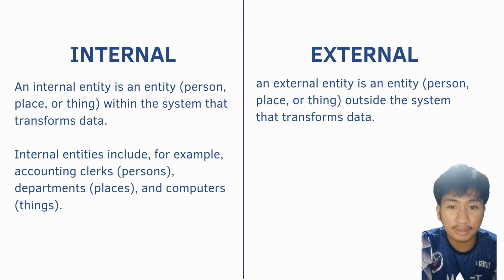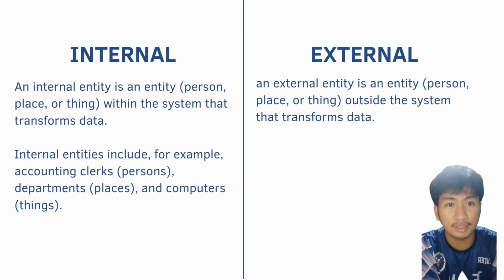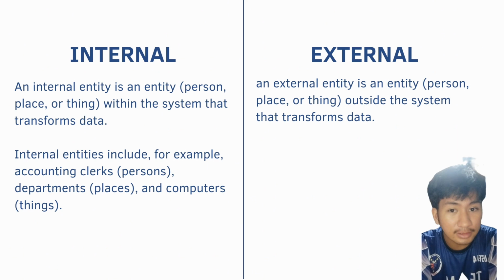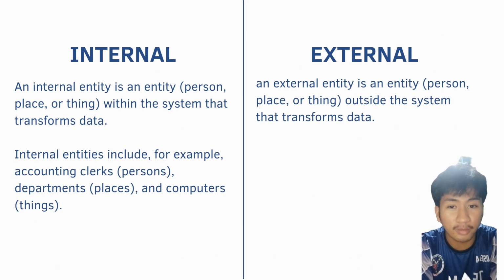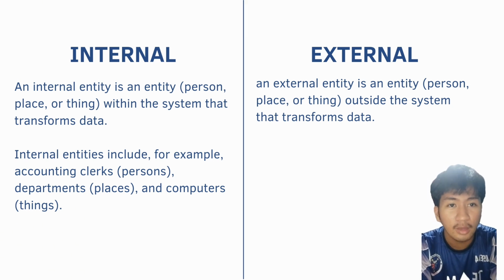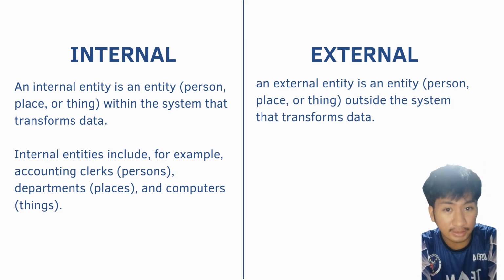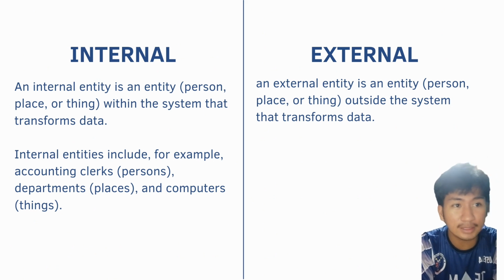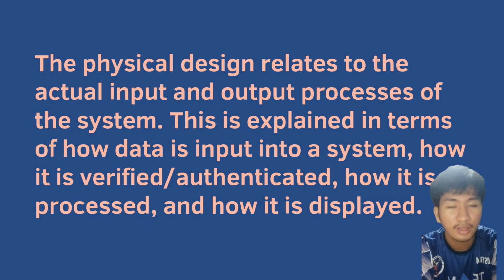Whereas an external entity is an entity outside the system that transforms the data. So when we say internal, it is within the system, and external is outside the system.